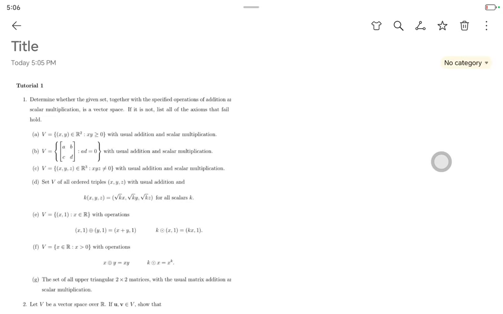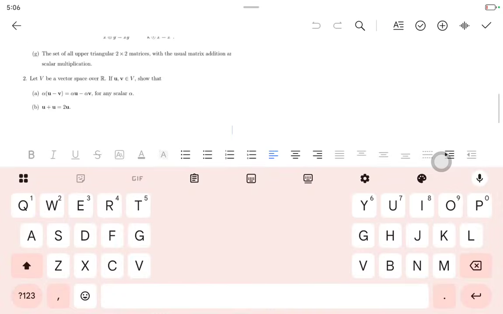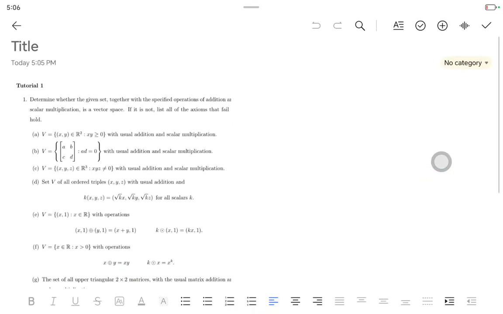So, now checking the first one, they say that V is equal to (x, y), an element of R squared, such that xy is greater than or equal to 0.